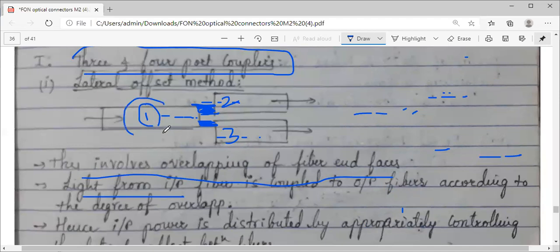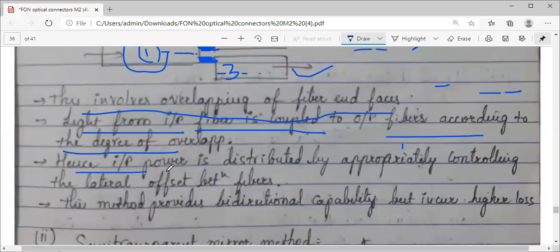The light from this main input fiber is coupled to these branch fibers according to the degree of overlap. The greater the overlap region, the greater the coupling, and the more power you can transfer and distribute. Hence the input power is distributed by appropriately controlling the lateral offset.